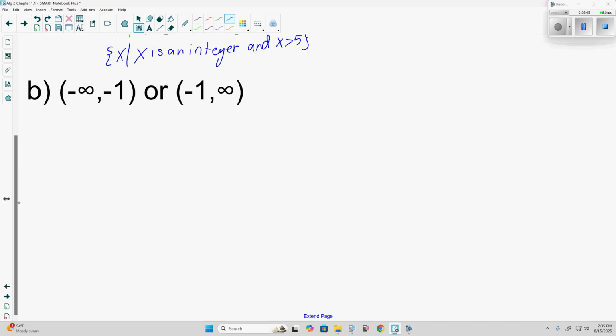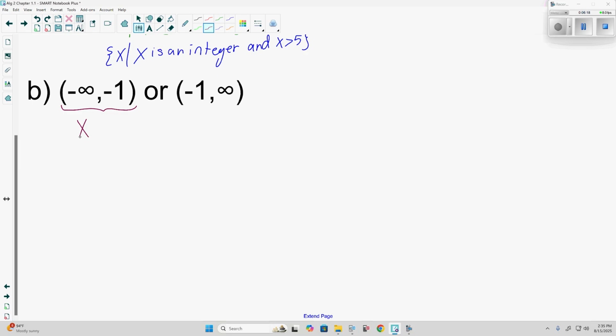Now we need to rewrite each of these intervals as an inequality. So this first one here, we're saying all the numbers from negative infinity to negative 1. Really, this is saying all the numbers less than negative 1 will work. Inequalities will have a variable.